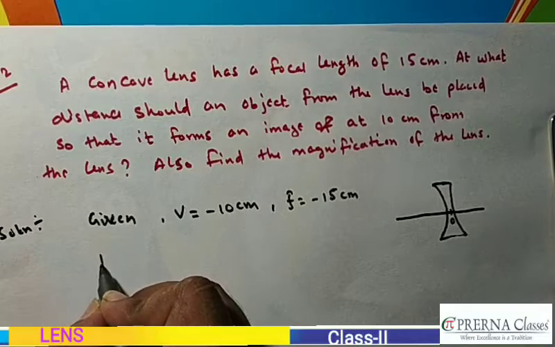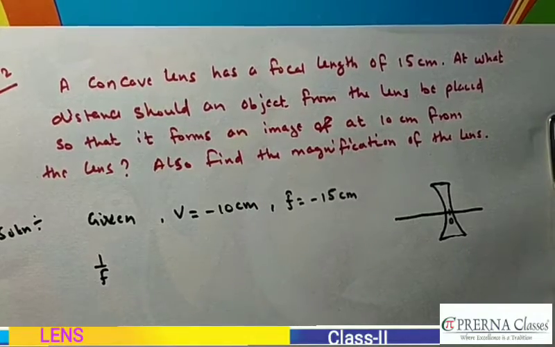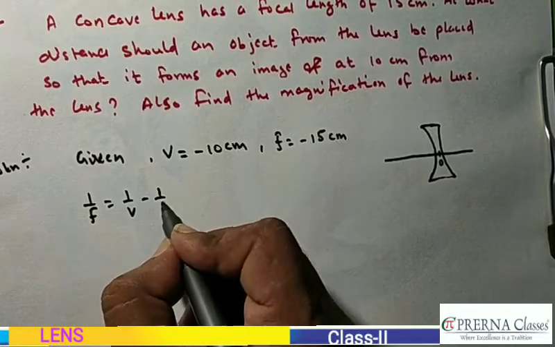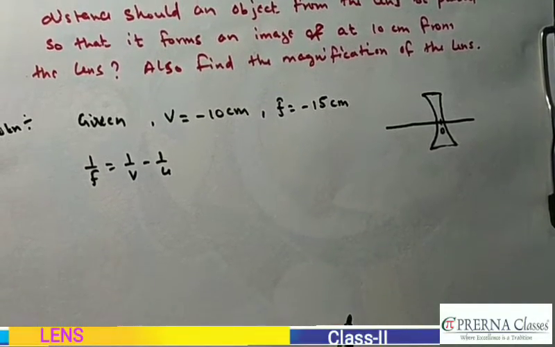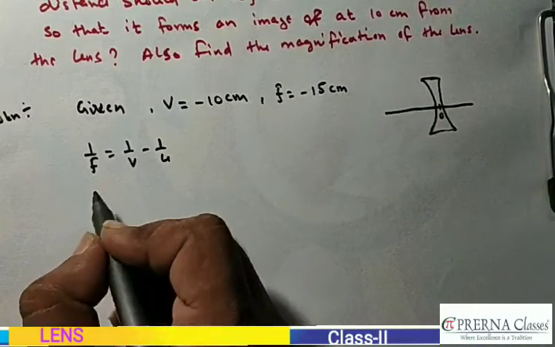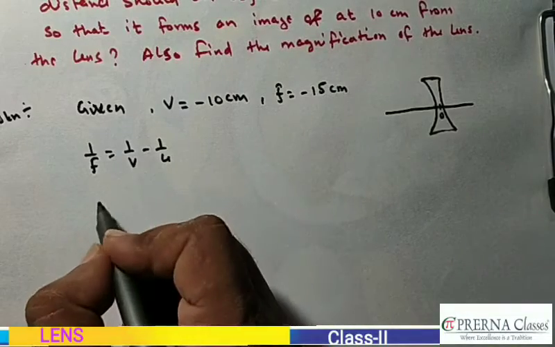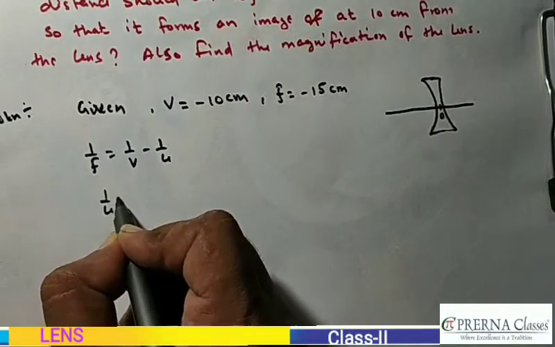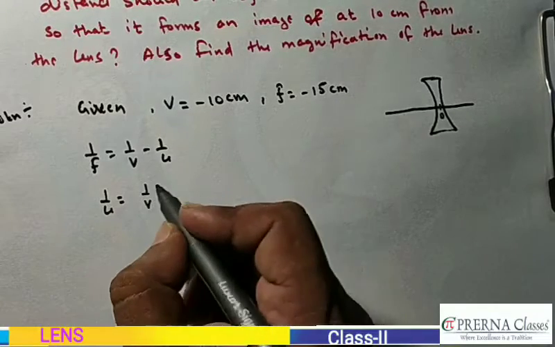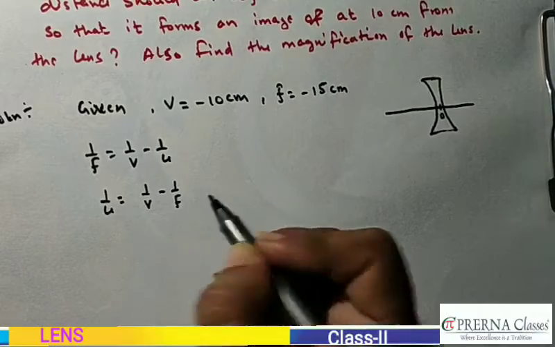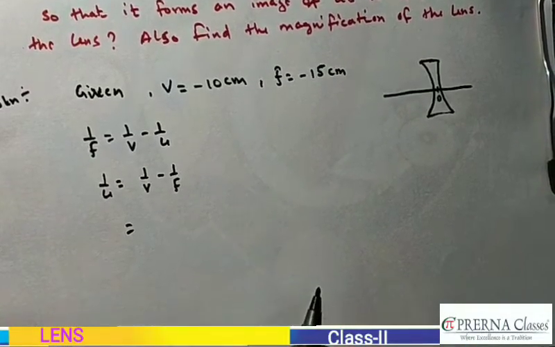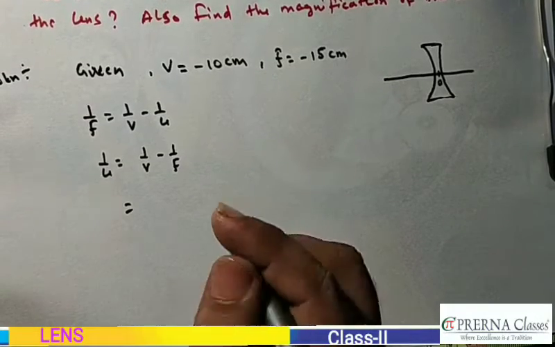So if I write 1 by f equals 1 by v minus 1 by u. Okay, so from here I have to find 1 by u. So 1 by u equals 1 by v minus 1 by f. Now I can put the values of v and f with sign.